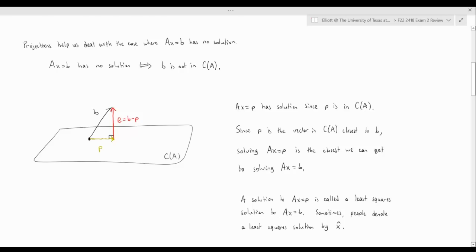And I think your book denotes the least squares solution by x with a hat on top. And I think your professors have used that notation a little bit already. That's what the x hat refers to. It's the least squares solution. Okay. So the idea is that the least squares solution is kind of the next best thing available to an actual solution, which we know does not exist to the original equation. Okay.